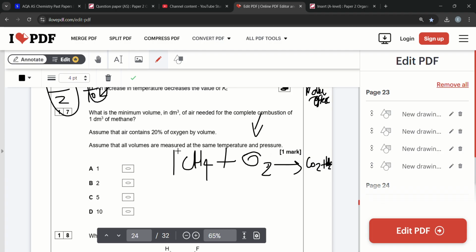Complete combustion of 1 dm cubed of methane, no. Let's try 10. So if we do 10 dm cubed of air, 20% of 10 is 2. The answer is 10D. That's a bit of a tricky question.